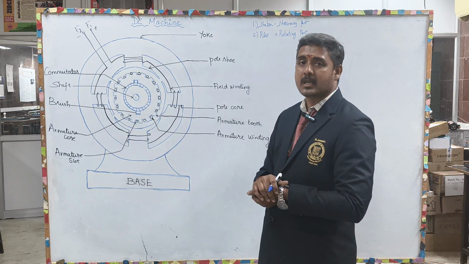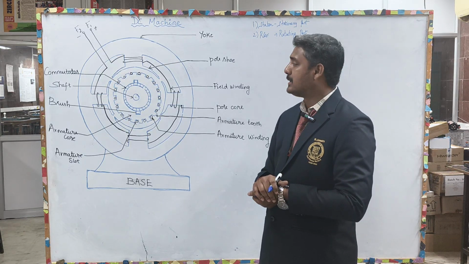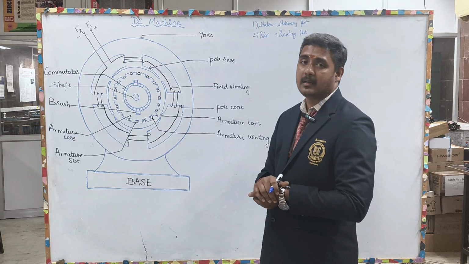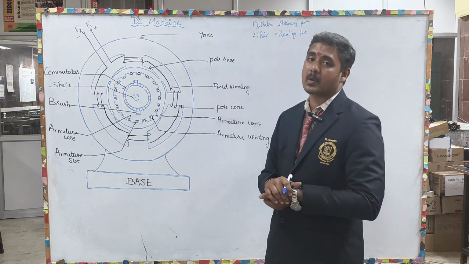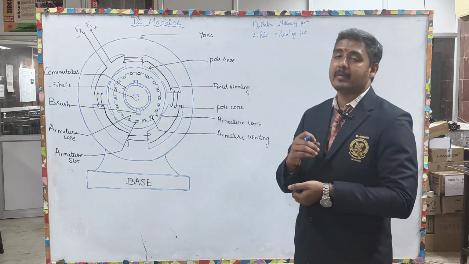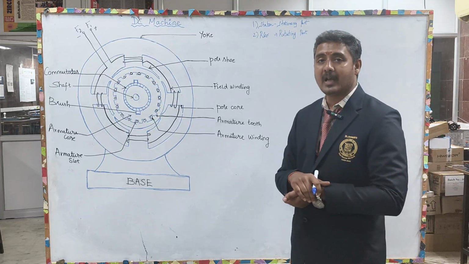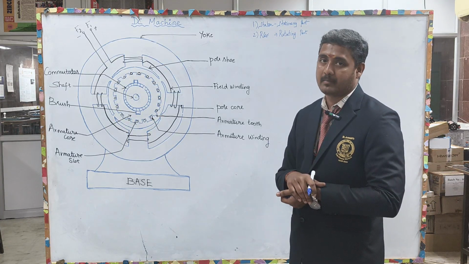And this yoke will protect the field as well as the armature, that is stator as well as the rotor of the DC machine. And also you will be having some slots over it where the heat dissipation will also happen.